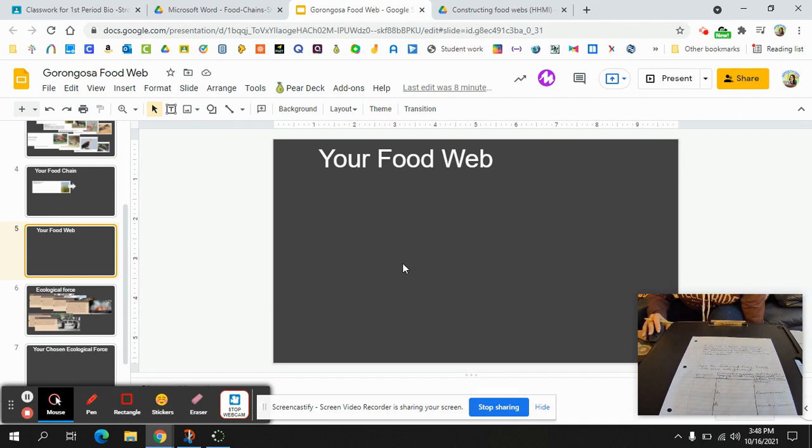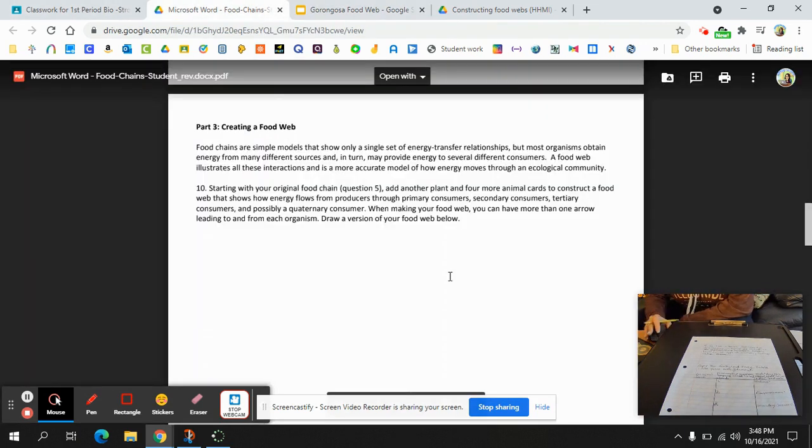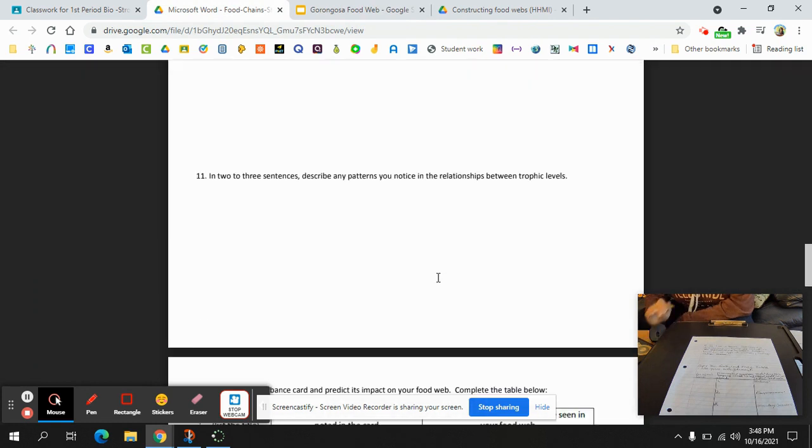Question 11 asks you in 2 to 3 sentences to describe any patterns you may notice in the relationships between trophic levels. This could include things like the types of animals in the trophic level or possibly their feeding niches.